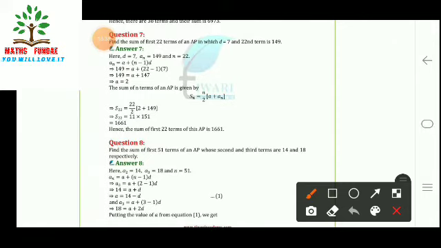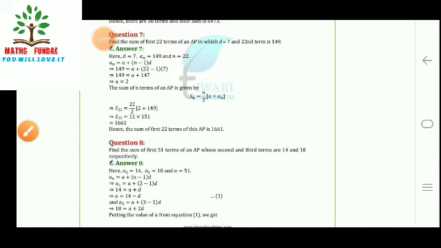Now in question number 8, we have to find the sum of the first 51 terms of an AP whose second and third terms are 14 and 18. So a2 is given to us as 14, a3 is given as 18, and n is equal to 51. First we write an is equal to a plus (n minus 1) into d. So a2 is equal to 14, that is a plus d is equal to 14. Then a3 means a plus 2d is equal to 18. Now we have two equations and two variables, so we can solve by the substitution method or by the elimination method also.